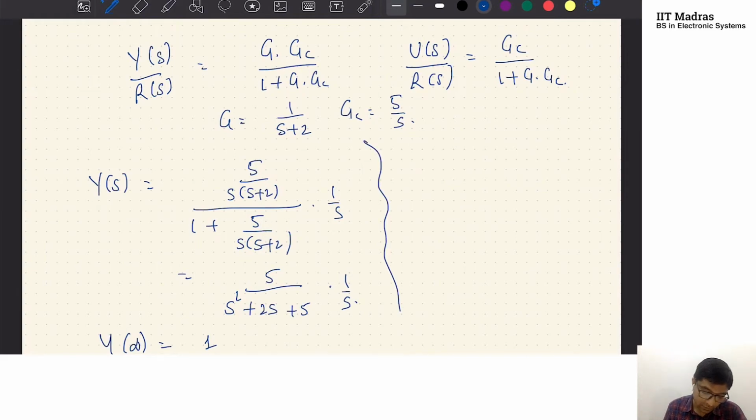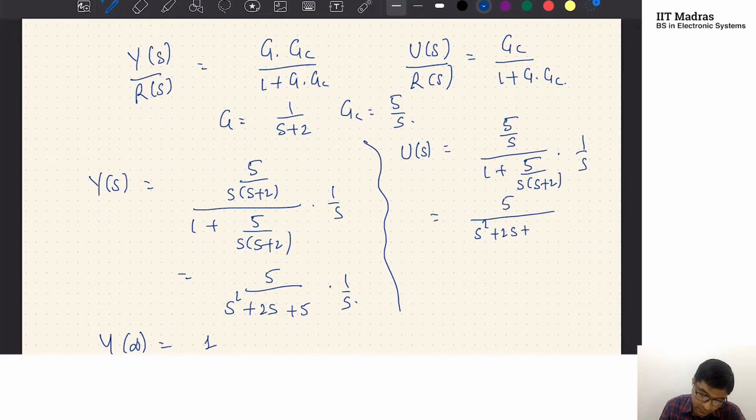Okay, let us look at what happens to u at infinity. So U(s) is now Gc, which is 5 over s, over 1 plus 5 over s times 1 over s plus 2, times 1 over s. So this becomes a 5 here, s squared plus 2s plus 5. I'll have an s plus 2 here and a 1 over s.